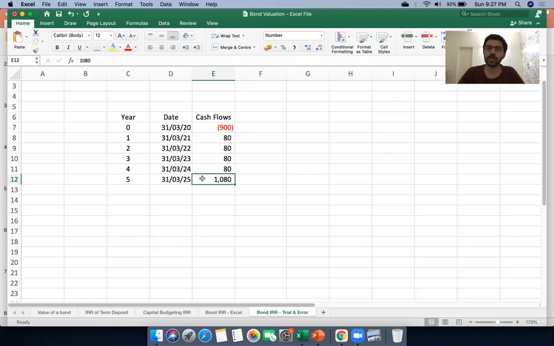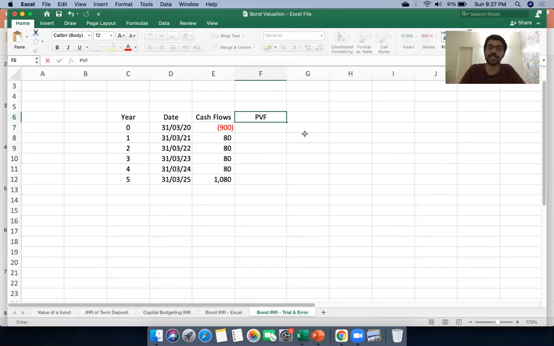So what I'm going to do is discount all these cash flows at, say, 9%, because I know that the IRR should be greater than 8%. I'm just adding 1% extra and I'm now discounting these cash flows using 9%. Let's see what the result is.